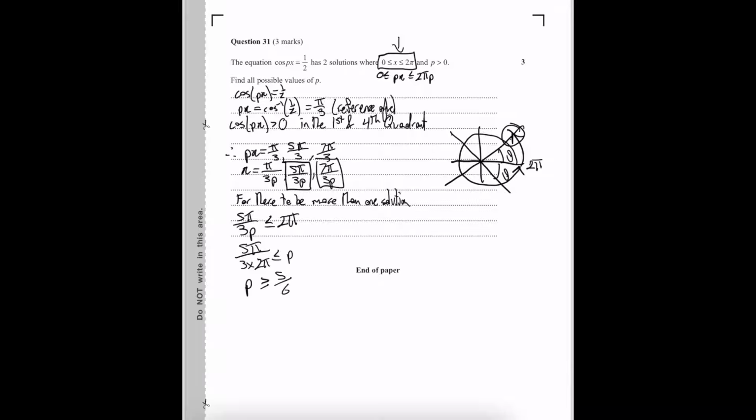And that's where the 7 pi on 3p comes in, because we want this 7 pi on 3p to now be outside of the range 0 to 2 pi. We want it to be outside of this domain. So for there to be no more than 2 solutions, that's when we apply this restriction, where 7 pi on 3p is strictly greater than 2 pi.